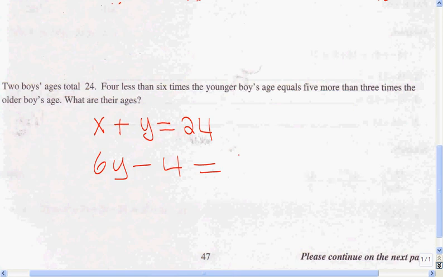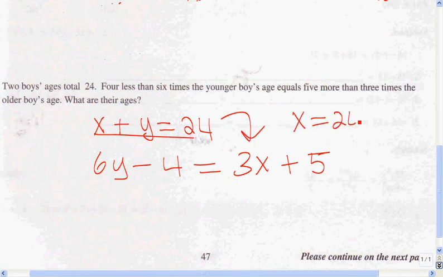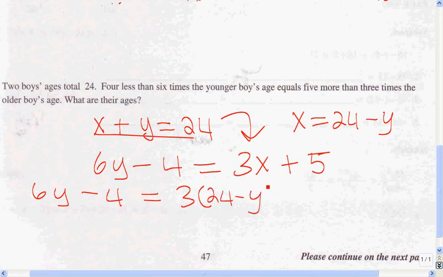So 3x plus 5. I'm going to use this equation up here and substitute it down here. So I get x equals 24 minus y. So 6y minus 4 equals 3 times 24 minus y plus 5.